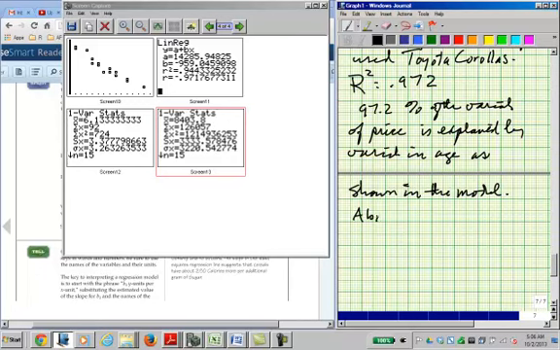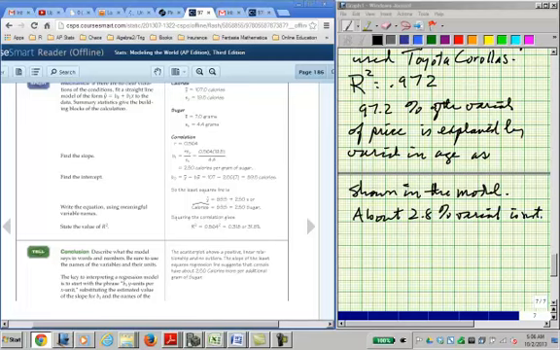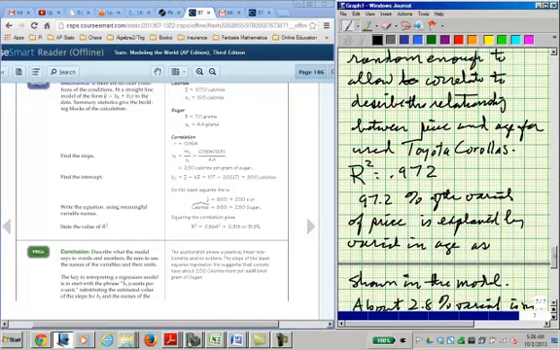About 2.8% of the variation is not. Okay. And so, in addition to this and describing what the variables mean, then you're done.